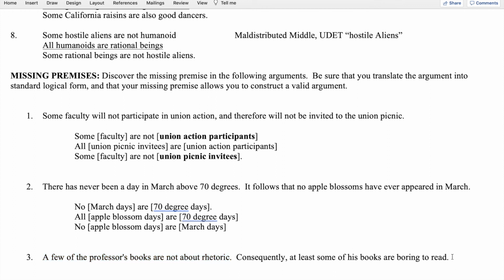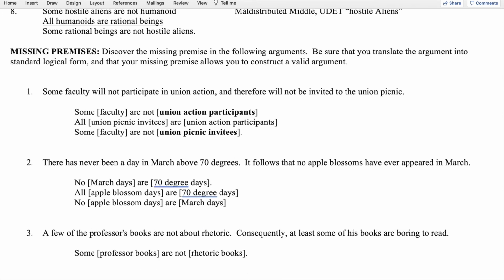Okay? So we can start there, and we'll say a few, which is some, and we'll call it professor books are not, and we'll call them rhetoric books. So a particular negative, and then consequently, at least some of his books are boring to read.